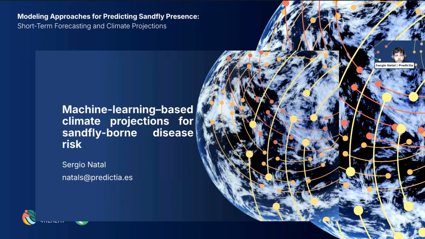Now I'm going to present our climate projection approach based on machine learning. This work focuses on understanding how climate drives sandfly distribution and how this distribution may change in the future under different emission scenarios. So the goal of this approach is not only to model presence and absence, but to understand how climate change can reshape risk patterns over time.